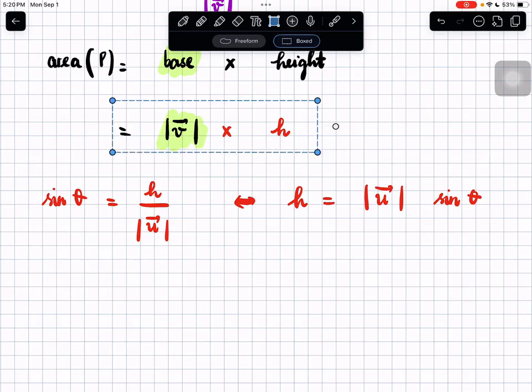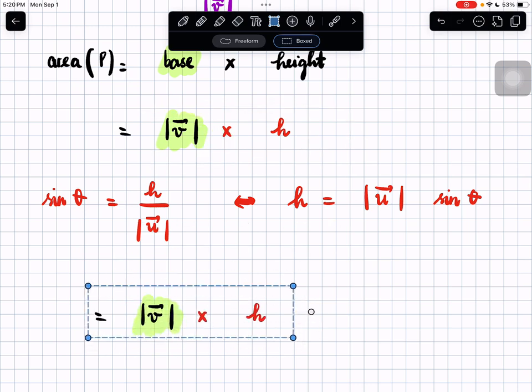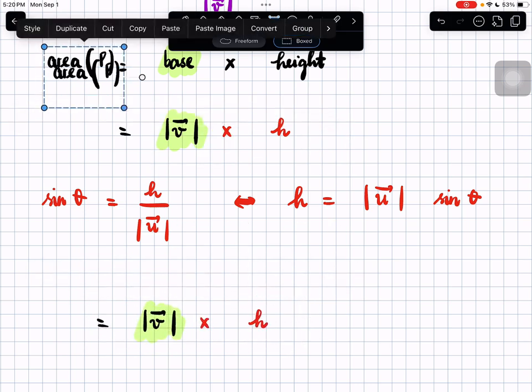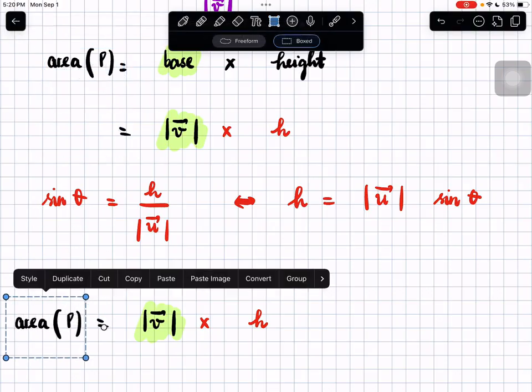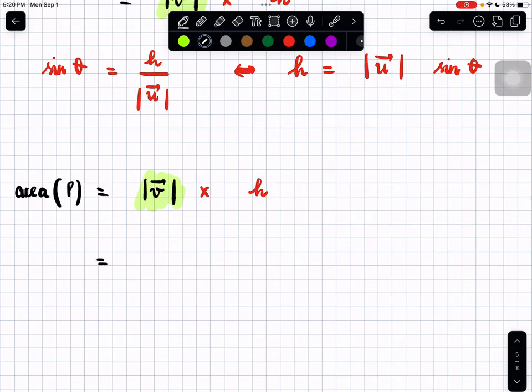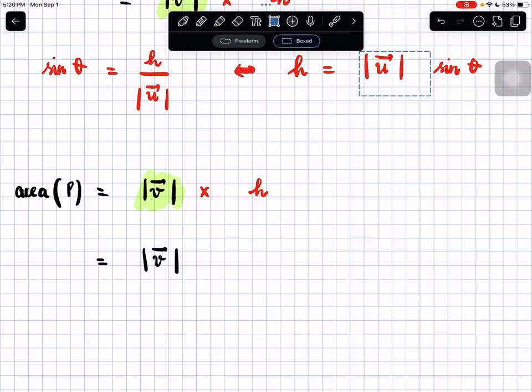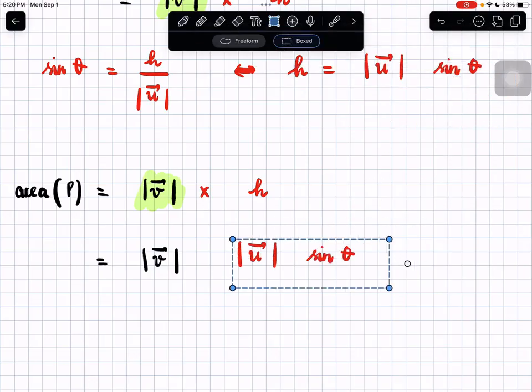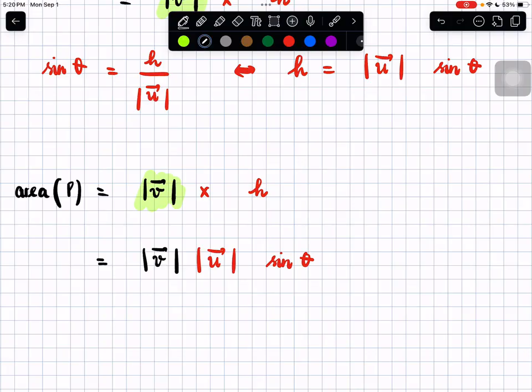So the area of the parallelogram equals the length of v times h, which is length of v times length of u times sine theta.